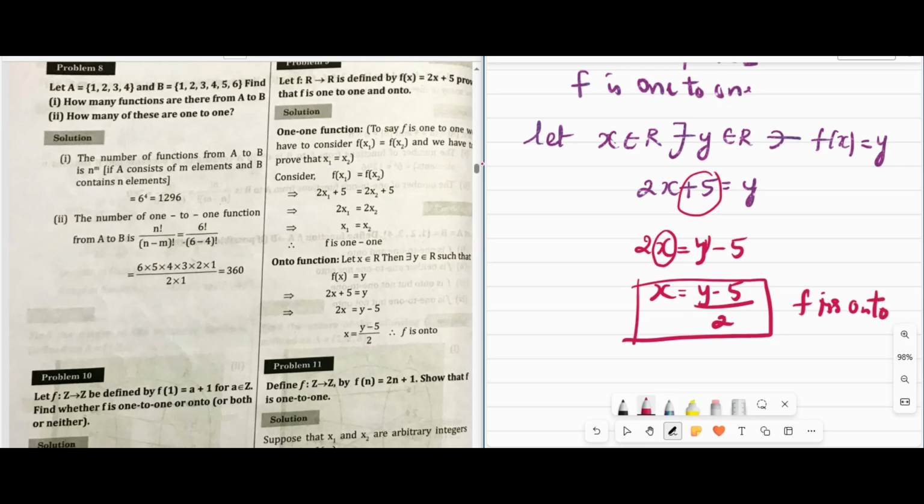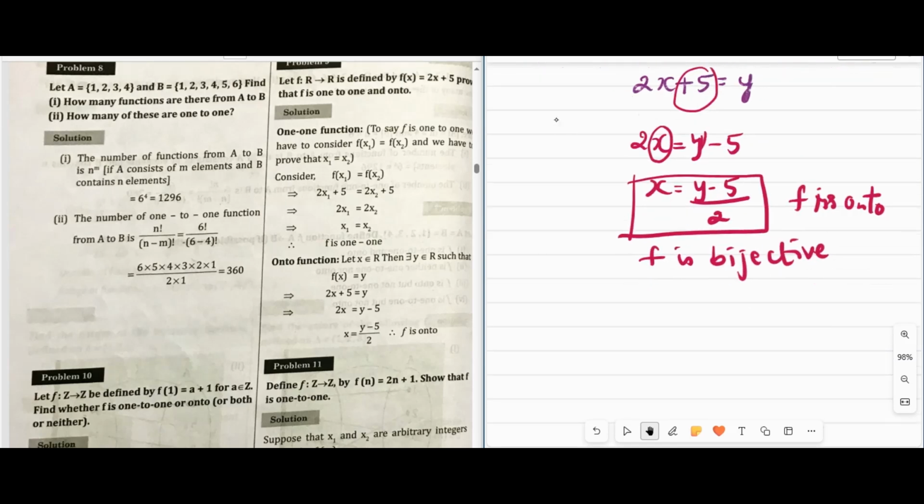If it is 1-1 and onto, then f is bijective. F is invertible.